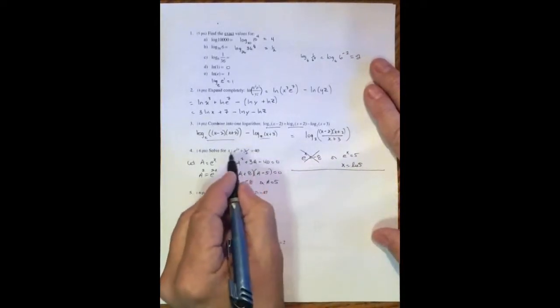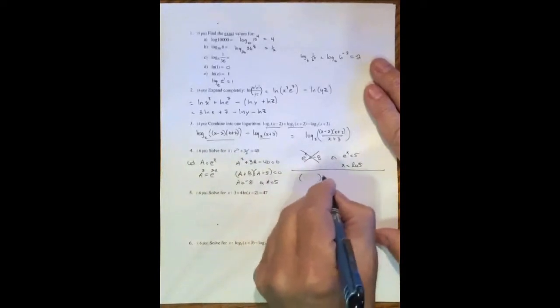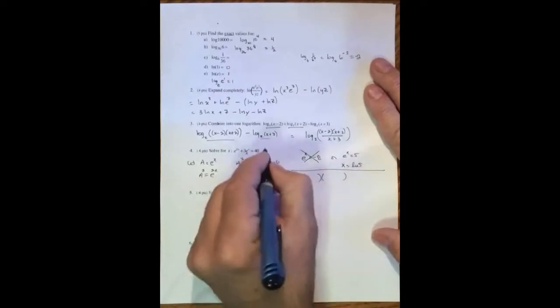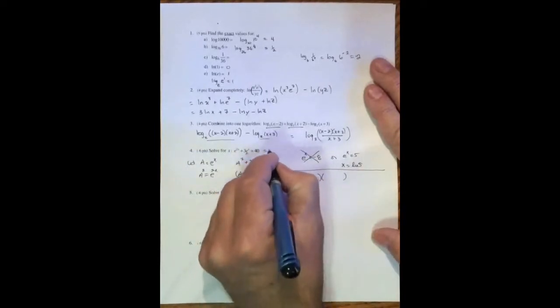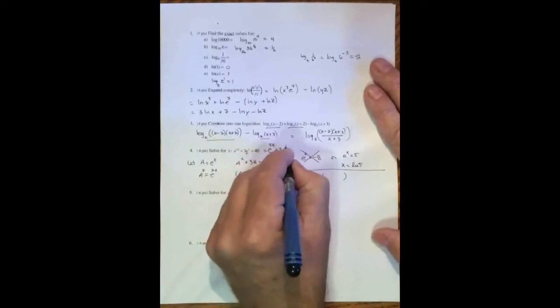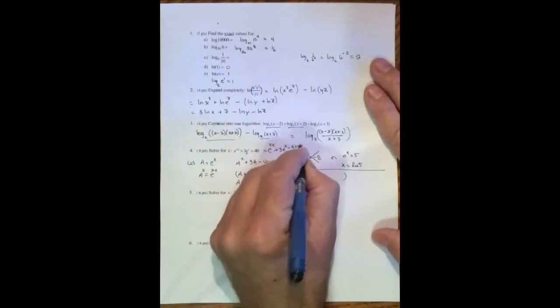Now that's one way to do that. Here's another way. The other way is just look at this and factor it from the start. And when I say from the start, write this as e to the 2x plus 3e to the x minus 40 is 0.